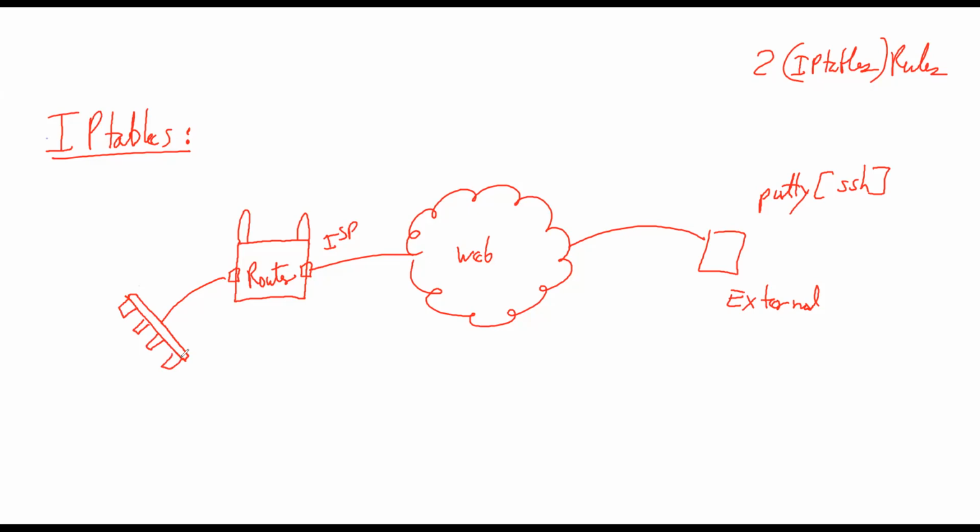You have some nodes connected here, and in particular, you have some kind of a server. Maybe here you have an FTP server or SSH or web server, one of those. You want to reach this environment, but you want to reach it from the outside.